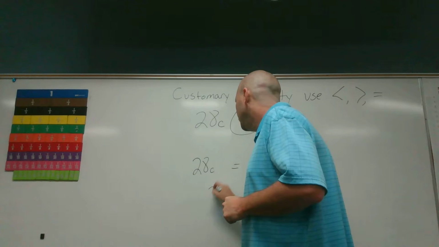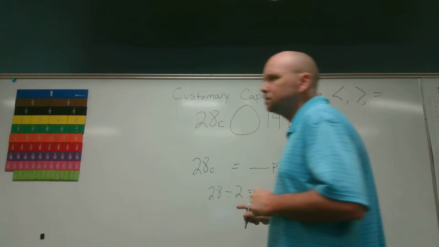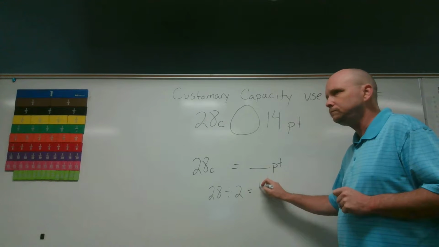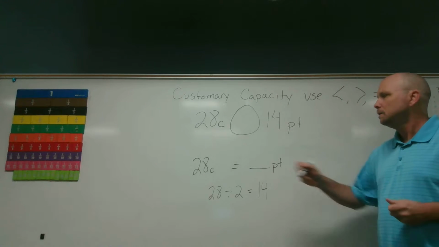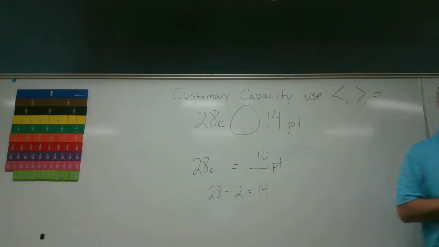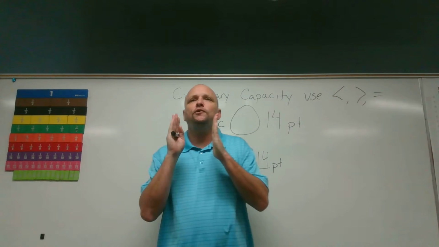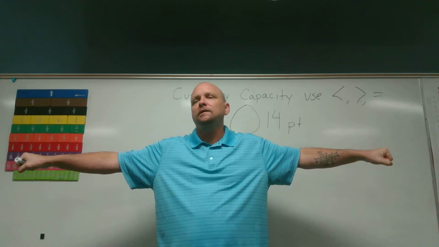Which would mean 28 divided by 2 equals 14. So 28 cups equals 14 pints. We have just proven our answer, because if you go cups to pints, you divide.